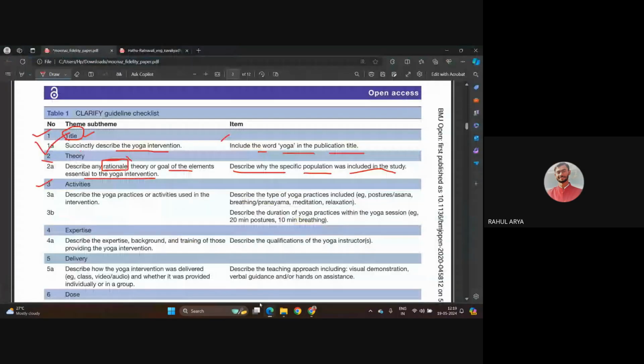Okay, thank you. Point number 3 is the activities: describe the yoga practices or activities used in the intervention. Here they are making it easy to understand. First, describe the type of yoga practice, meaning which practice you are going to apply or applied there.